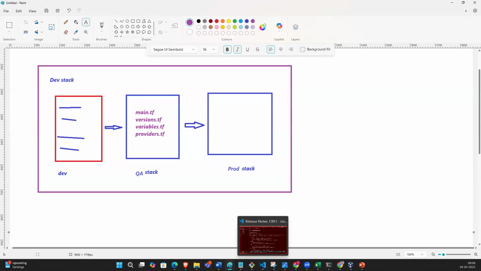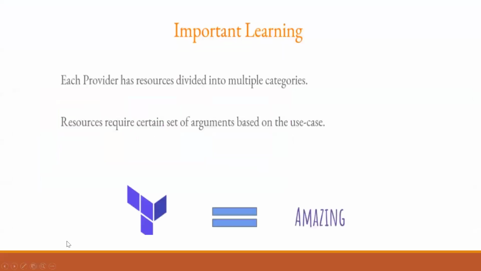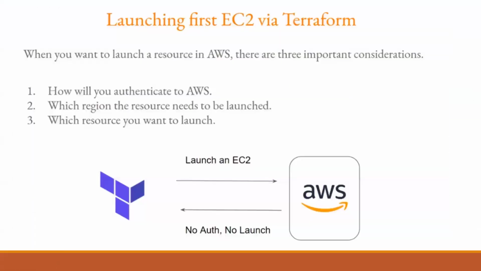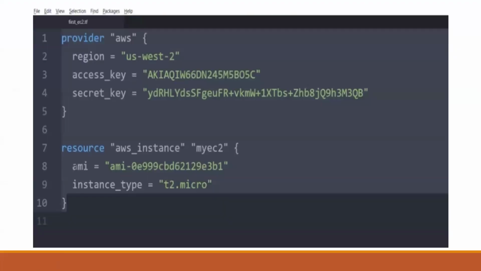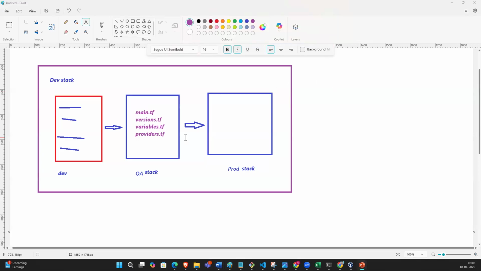So this is in the main block, the resource you see, right? The provider block will be specified in the provider file. Whatever resources you want to launch, you can provide in the main.tf. So the stack should be main.tf, versions.tf, variables.tf, and providers.tf.